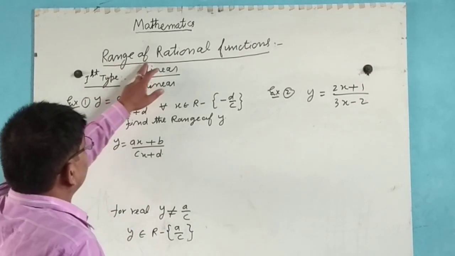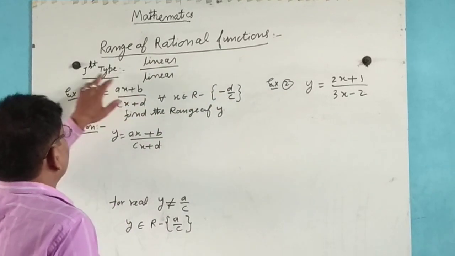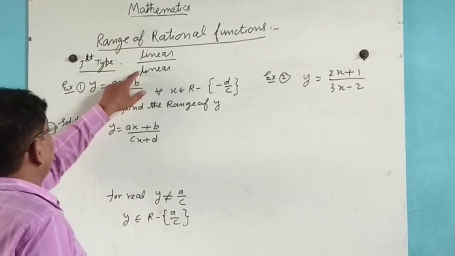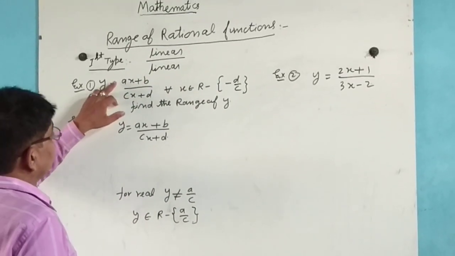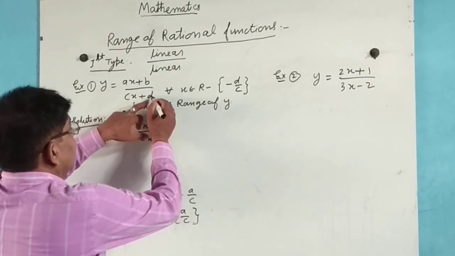Now, range of rational functions. First type, linear by linear. It means that we take example 1: y equal to (ax plus b) by (cx plus d).